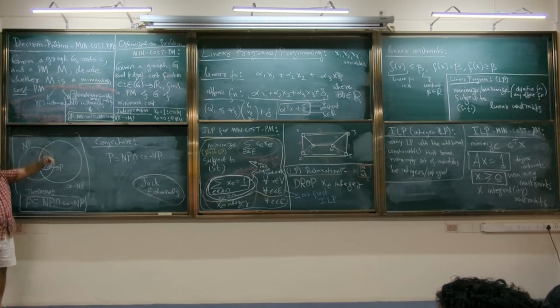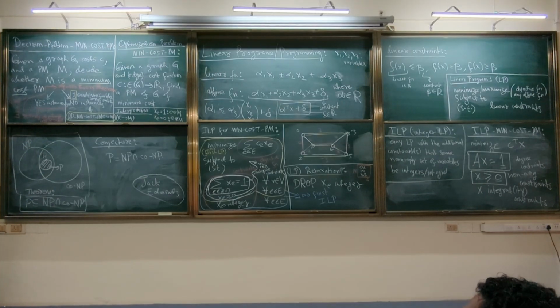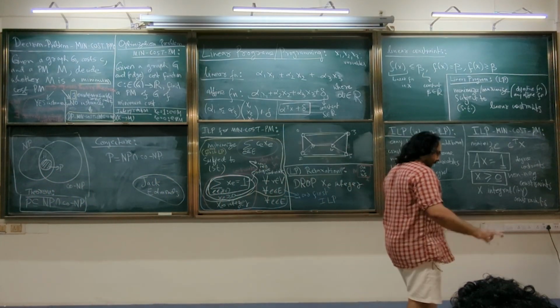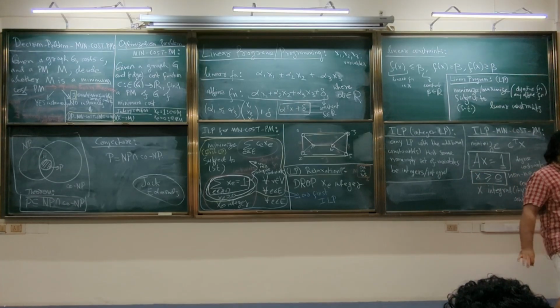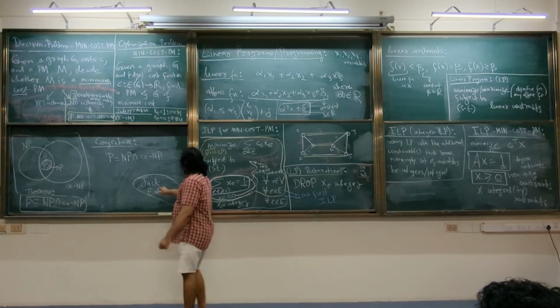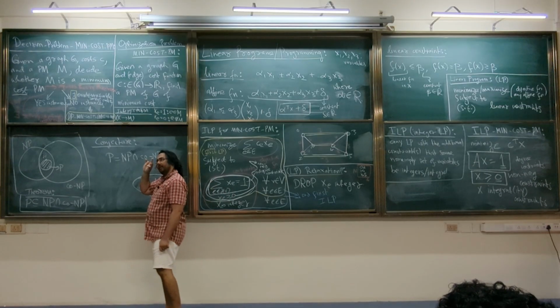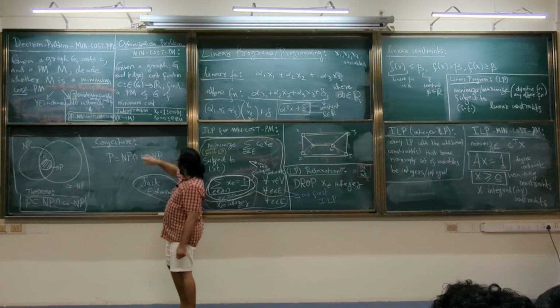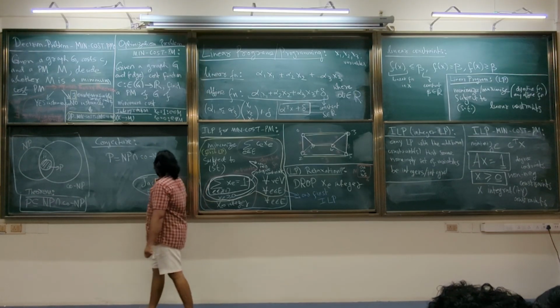In fact, he is the person behind the fact that the min cost perfect matching problem is actually polynomial time solvable. It belongs to P. In particular, it also belongs to NP. But for this problem belonging to P, it is Jack Edmonds who is responsible.